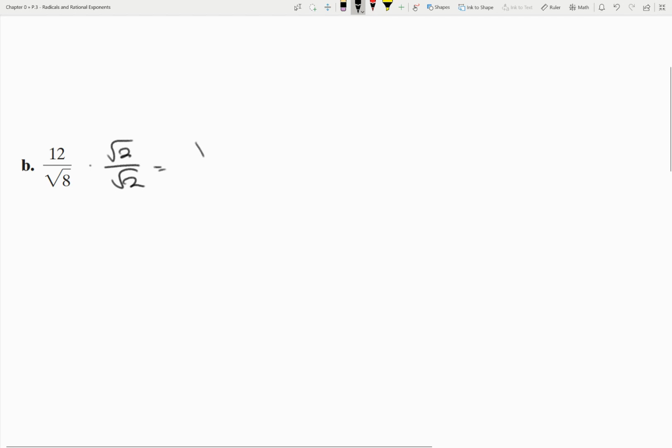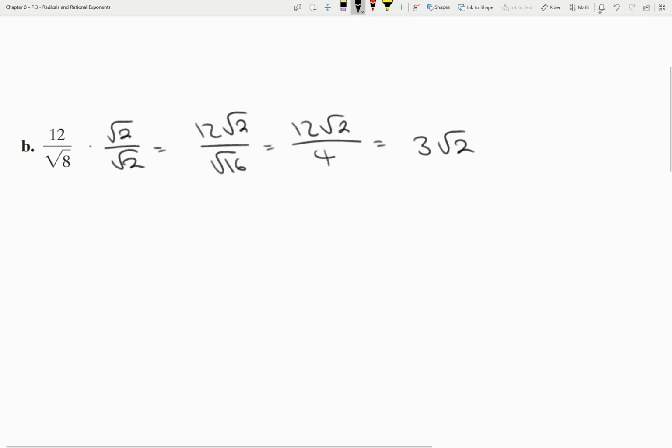By doing it this way, there's less to cancel at the end. Square root of 16. Don't cancel anything yet. You don't cancel anything until we are done with the problem. So that's 12 square root 2 over 4. And then 12 over 4 gives me my 3 square root 2. Okay? Let's try 2 more.